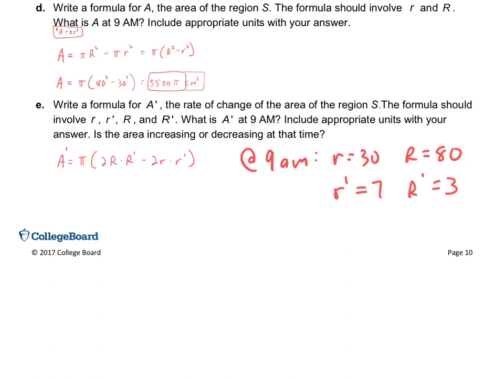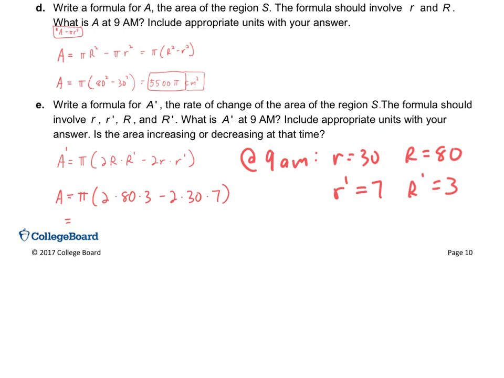So just substitute everything. Big R is 80, big R prime is 3. Little r is 30, little r prime is 7. So that would be 480 minus 420.